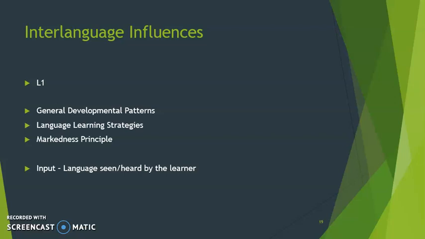Most of the time, it's been done in the L1 by considering the caregiver's speech, and it's been done in the L2 by looking at the language that L2 learners are exposed to, say in textbooks. And we can also just think about corpora data, like what is more common, what is more likely to be heard and seen by learners.